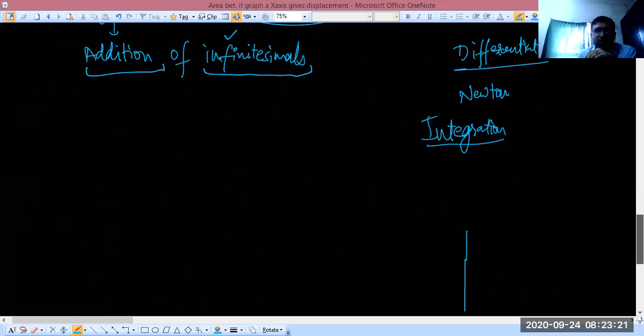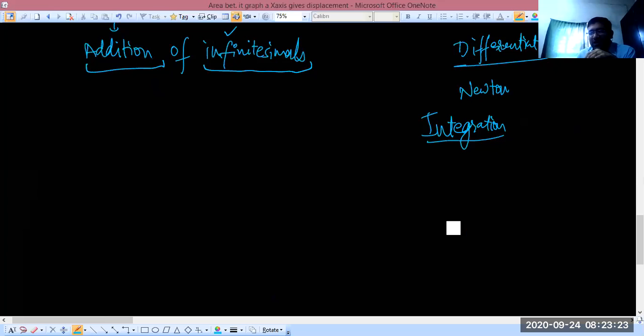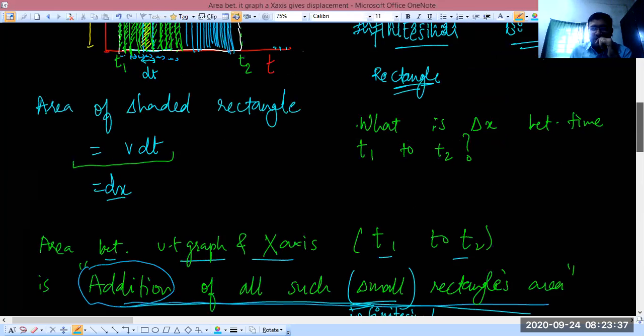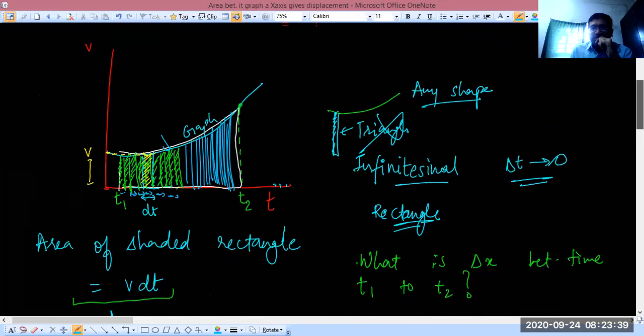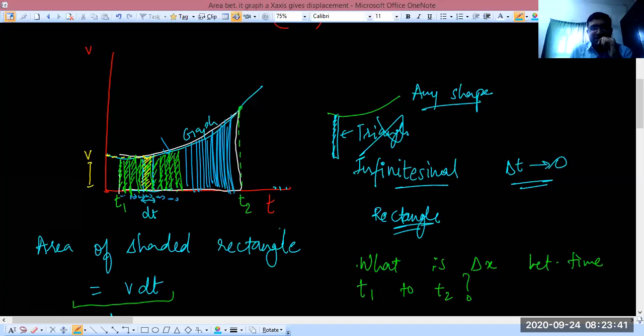So let's have a look at what the integration symbol is and what its rules are. But before that, I hope you have understood what is happening here. Whenever you have any such VT graph, you divide it into such small areas or small rectangles.